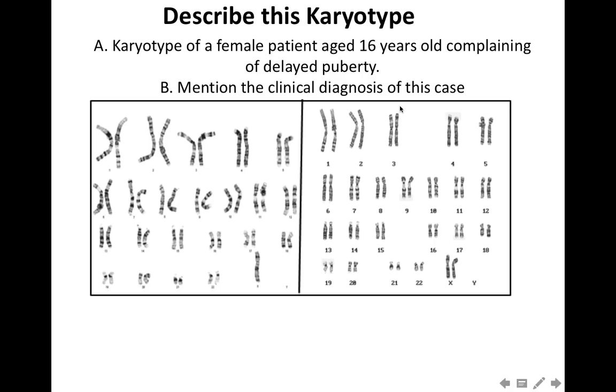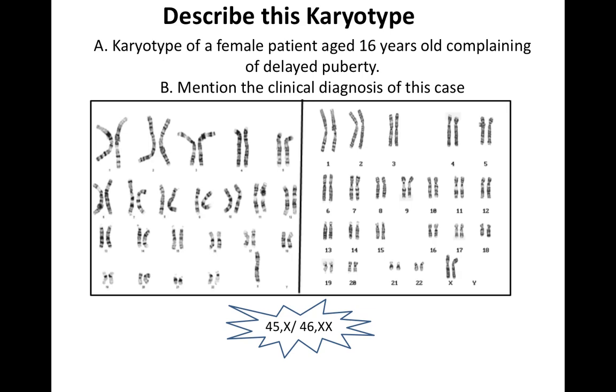So the clinical diagnosis of this case is mosaic Turner syndrome. And this is how the karyotype is described: 45, X slash 46, XX. This means that she has two different cell lines.